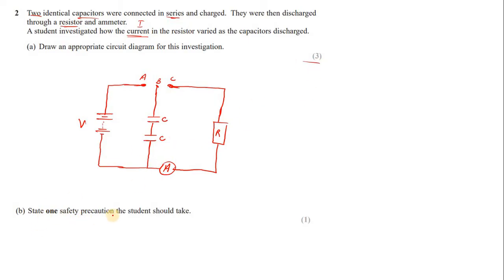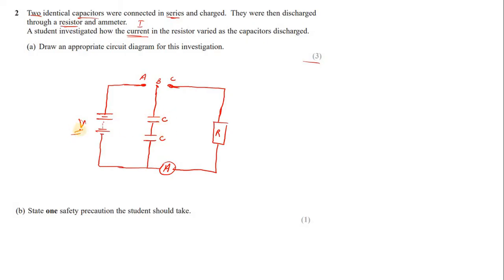State one safety precaution the student should take. One of the most important safety precautions in charging a capacitor is that the voltage of the power supply should be within the limit of the capacitor.